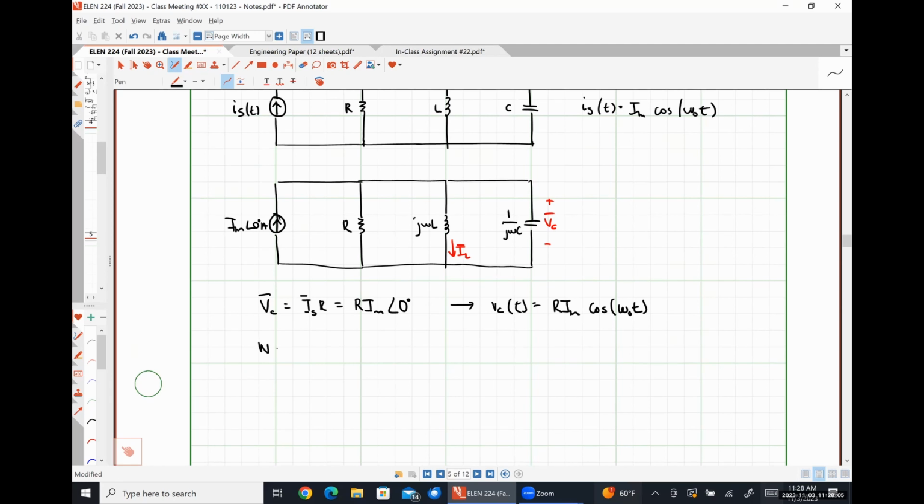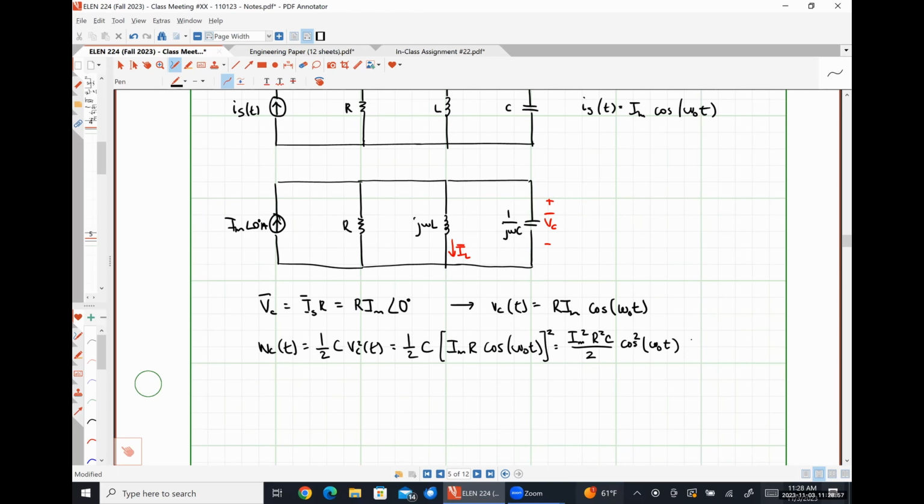So that's going to be WC as a function of time is 1/2 times our capacitance times the voltage drop across our capacitance squared, or 1/2 C multiplied by IMR cosine omega naught t quantity squared, which is going to look like Im squared R squared C divided by 2 times the cosine squared of omega naught t. Because this is energy that would be measured in joules.